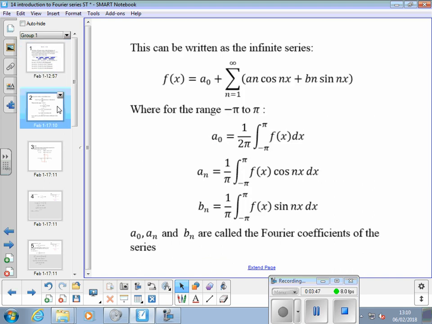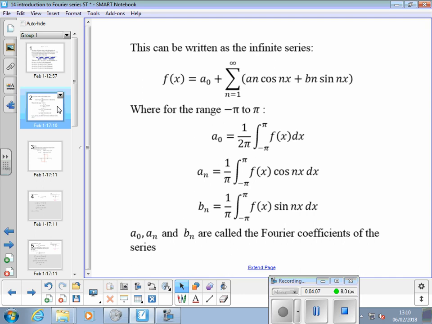So, we can find the constant term, the A0 term, from 1 over 2 pi times the integral between minus pi and plus pi of whatever our function is.